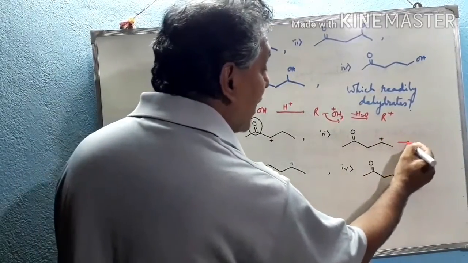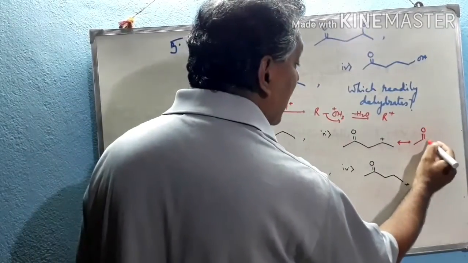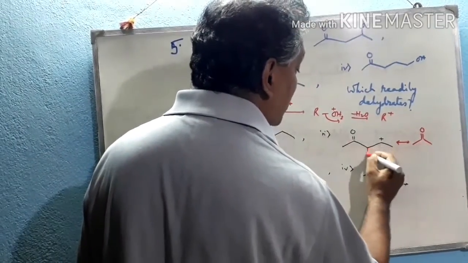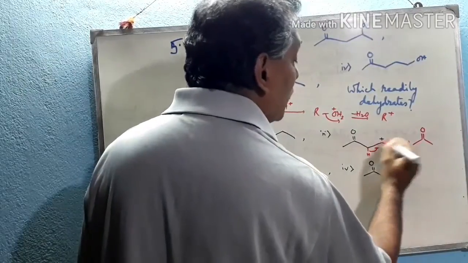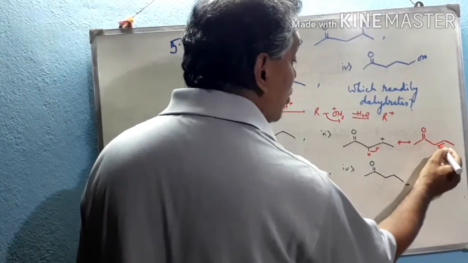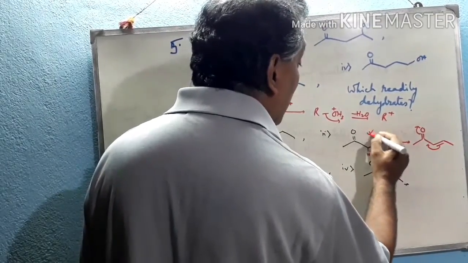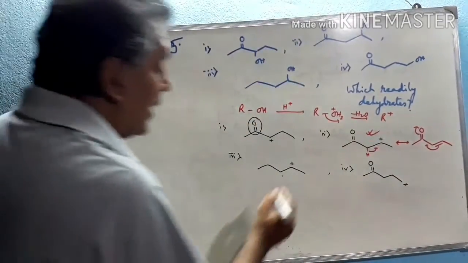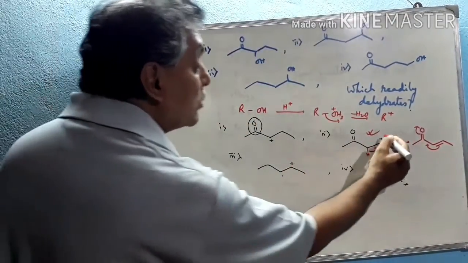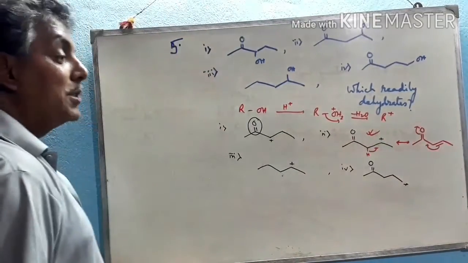If it forms a plus charge at this position, then after dehydration it forms such a structure, because the hydrogen atom is removed from this, forming a double bond which enjoys resonance stability with the carbonyl group, and hence this carbocation has high stability. This carbocation shows high stability through this type of resonance after the formation of the product.